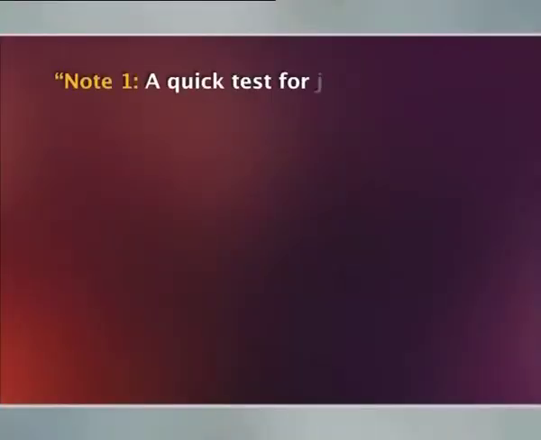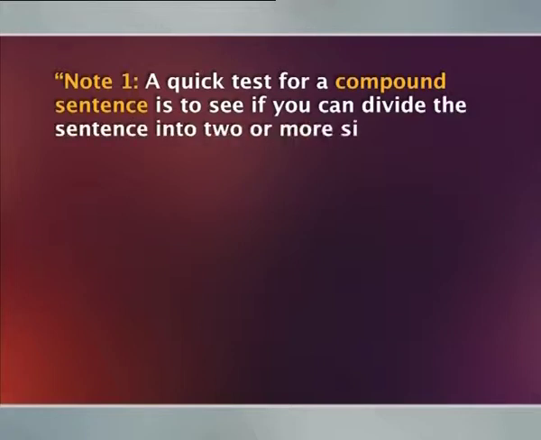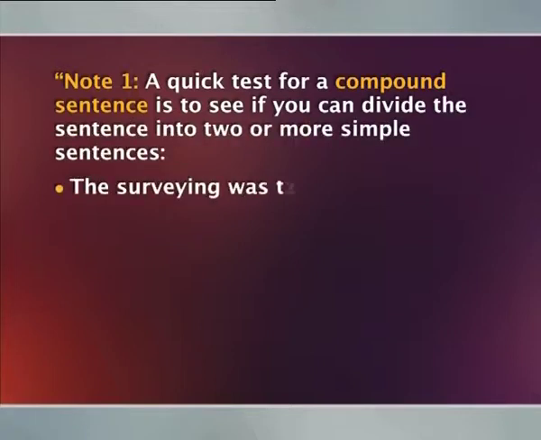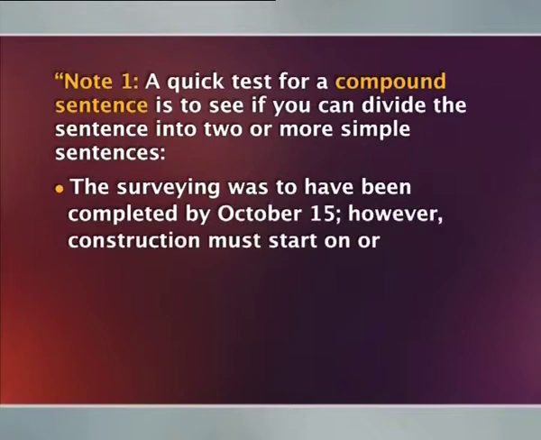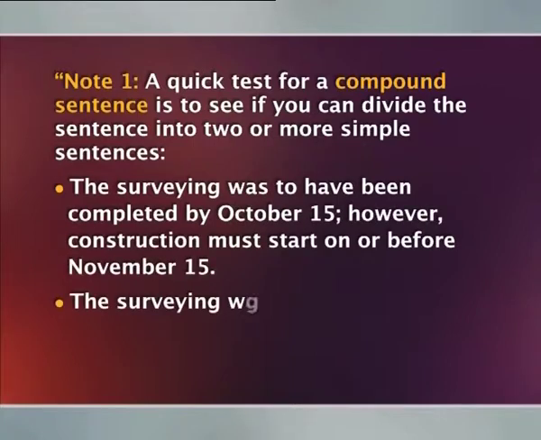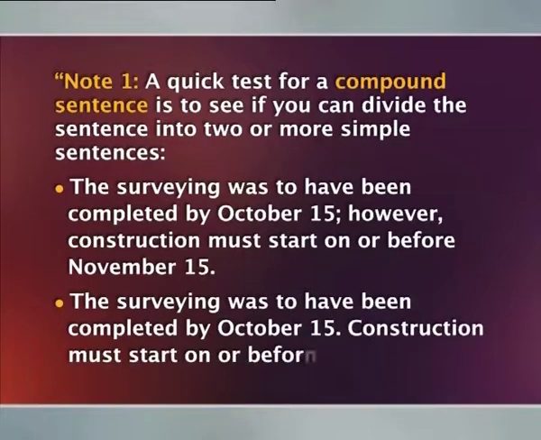Testing for compound sentences. Note 1. A quick test for a compound sentence is to see if you can divide the sentence into two or more. Simple sentence: the surveying was to have been completed by October 15th. However, construction must start on or before November 15th. The surveying was to have been completed by October 15th. Construction must start on or before November 15th.